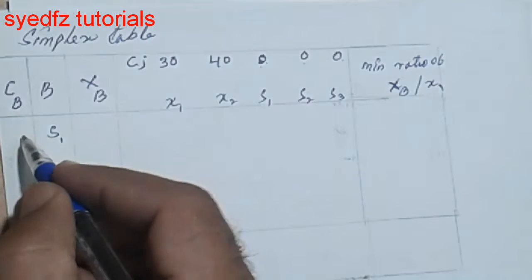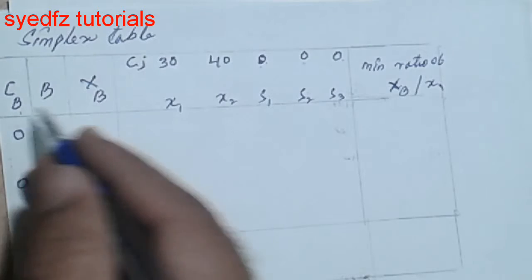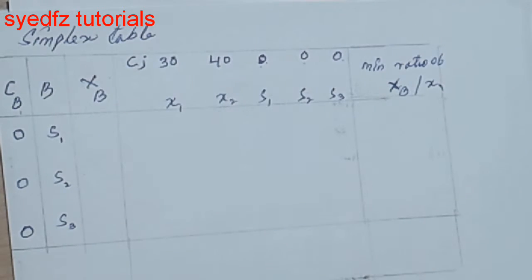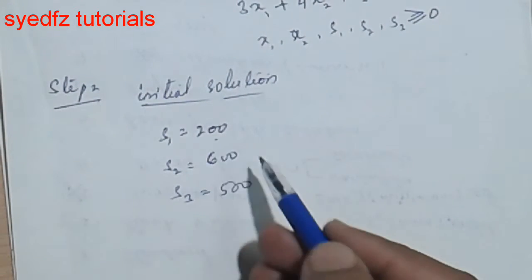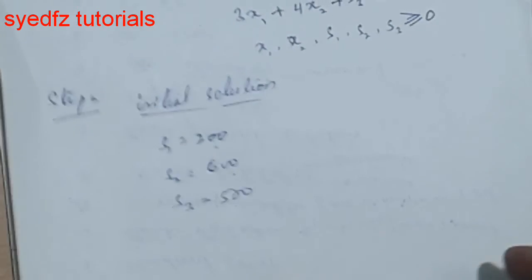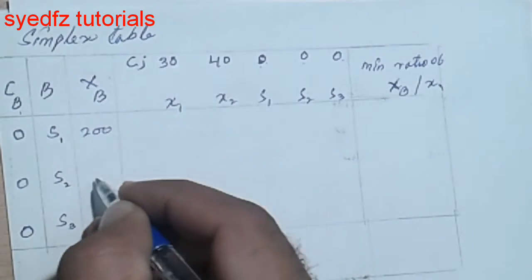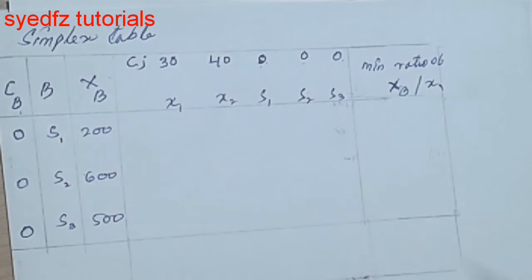So contribution to basic variable is 0. What is the solution we have taken here? Initial solution is 200, 600 and 500. So here 200, 600 and 500.